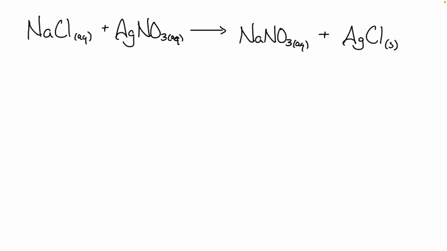Everybody take a look at this chemical equation real quick and tell me whether this is entropically favorable or unfavorable. We have a solution that we're mixing with another solution to create a third solution.